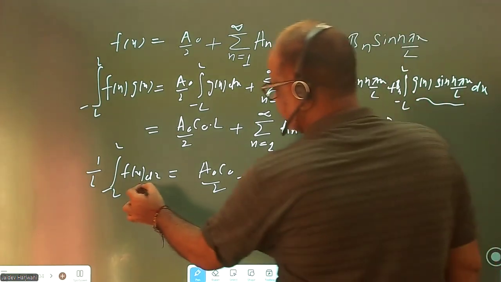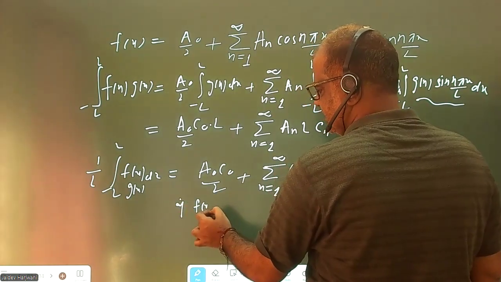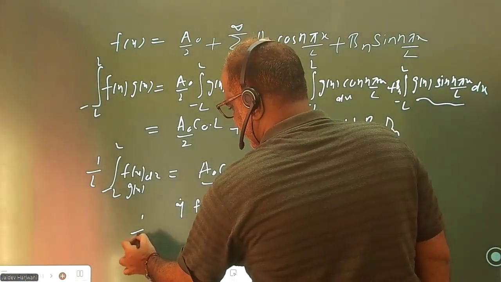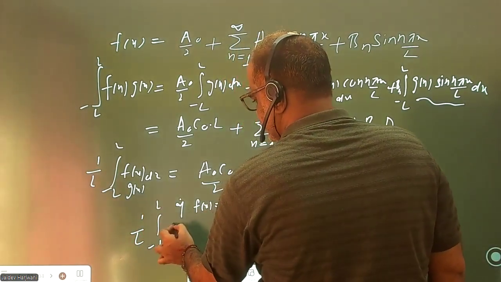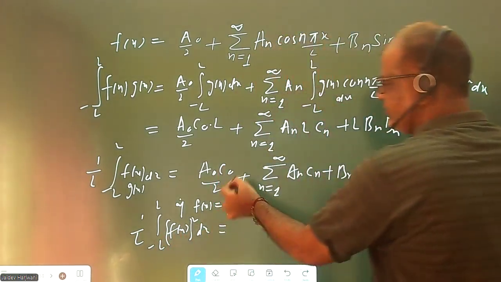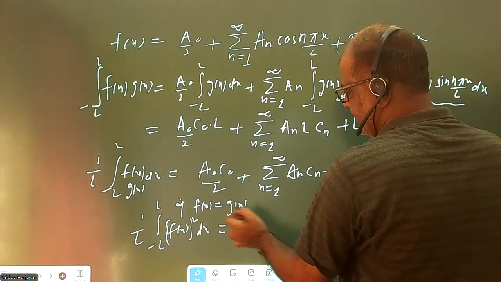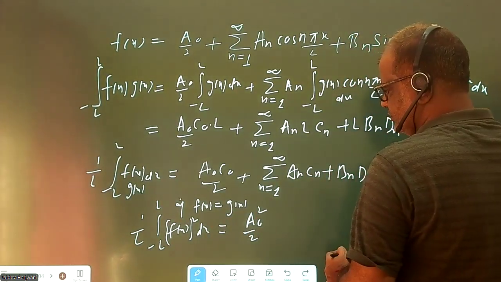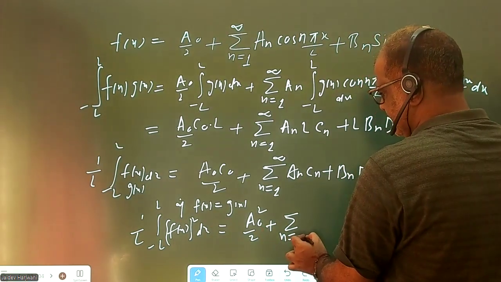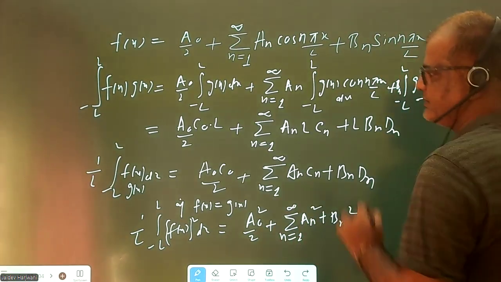Now if f(x) is equal to g(x), then this becomes 1 upon L integral from minus L to L of f(x) square dx, and c0 becomes a naught because both functions are the same. Then this becomes a naught square by 2 plus the sum of an square plus bn square.